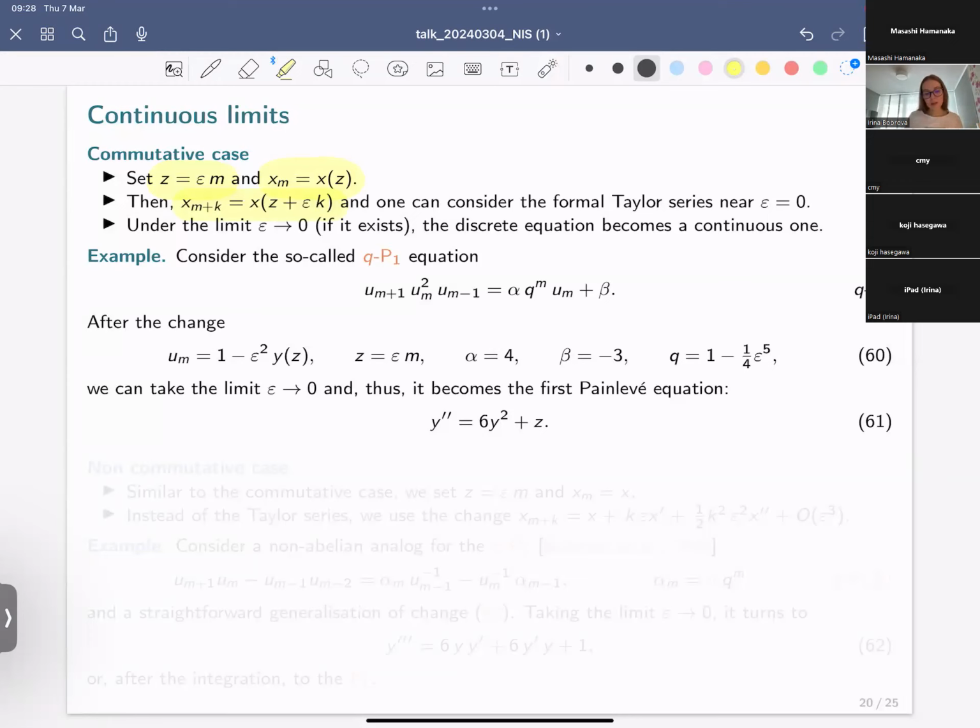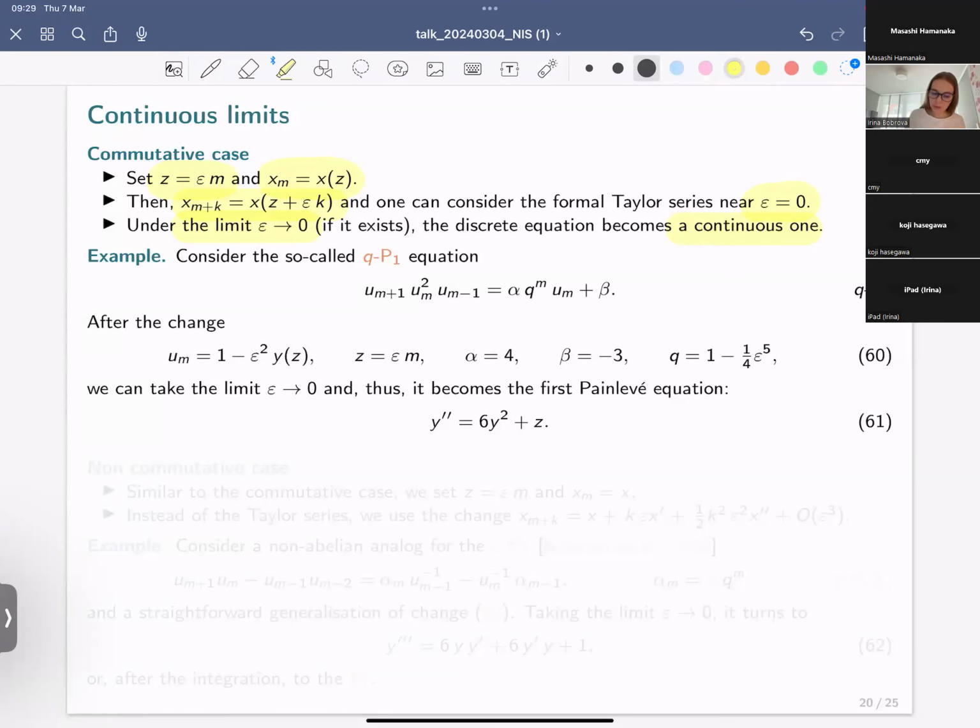Since this parameter epsilon is small, we can consider a formal Taylor series near this point. And again, if we take a good change of variables, we can take the limit when epsilon tends to 0, and our discrete equation becomes a continuous equation.